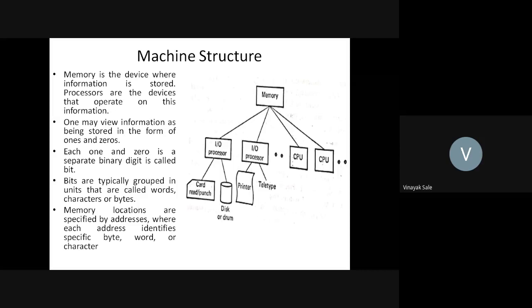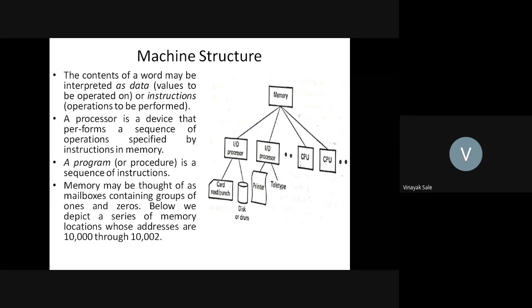Memory locations are specified by addresses, where each address identifies a specific byte, word, or character. The contents of a word are interpreted as data or instructions.